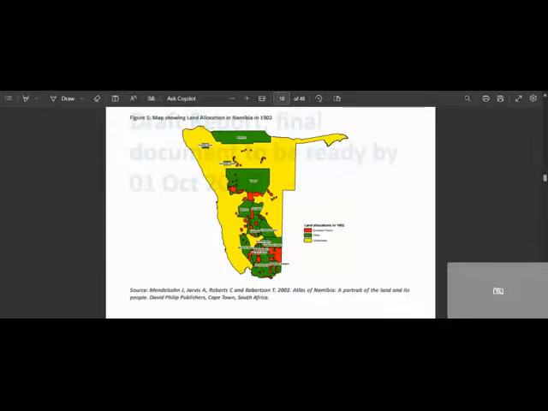There is Ovambo land, there is Herero land, there is Damara here, Red Nation, Nama, Khoisan. There are all these groups. As you can see, the green part, that's the tribal land. That's how it used to be.